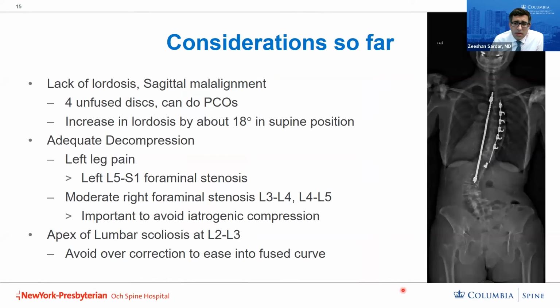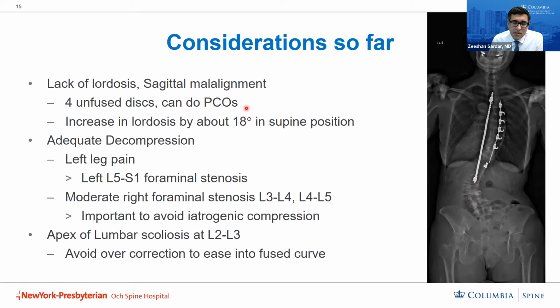So far, what I'm considering is that this patient does need more lordosis because there is sagittal malalignment. There are 4 discs from L2 to S1 that are not fused. So potentially I could do posterior column osteotomies to get a bit more flexibility. But already by just lying here in a supine position, I know that I can go from 12 degrees to about 30 degrees.